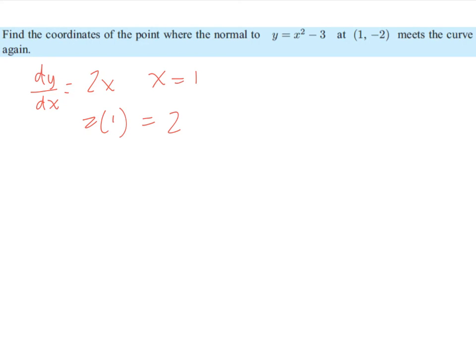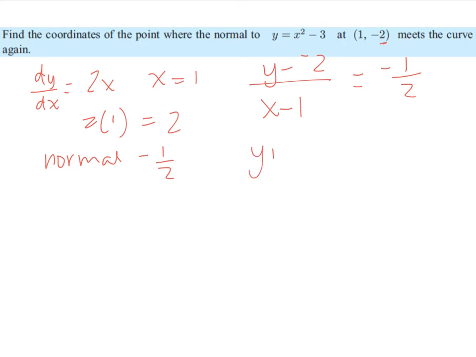So the normal would have a gradient of -1/2 because they're opposite reciprocals. So the normal has the equation y minus -2 over x minus 1 equals -1/2. So now we have y plus 2 equals -1/2 times x minus 1.